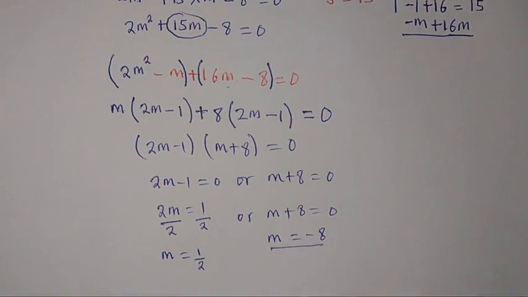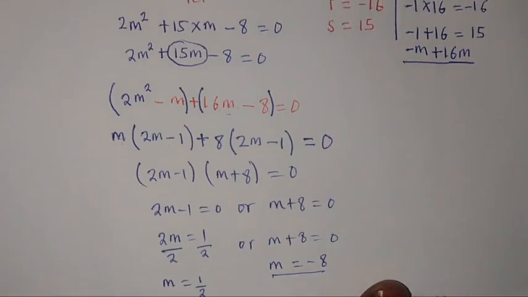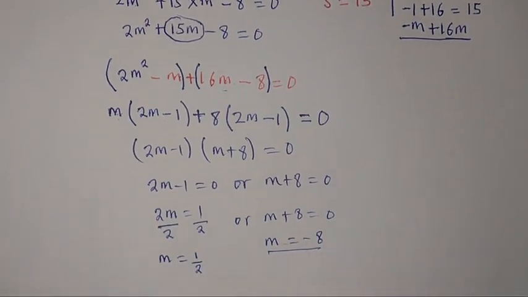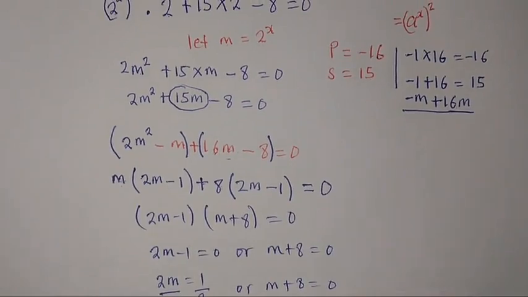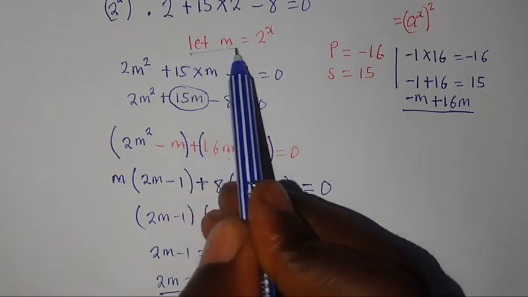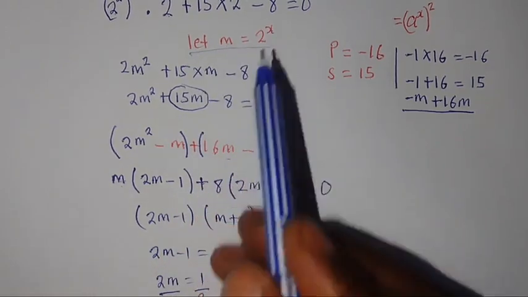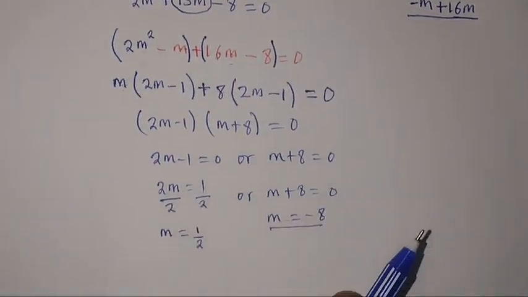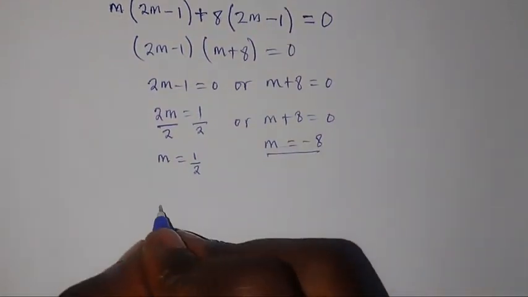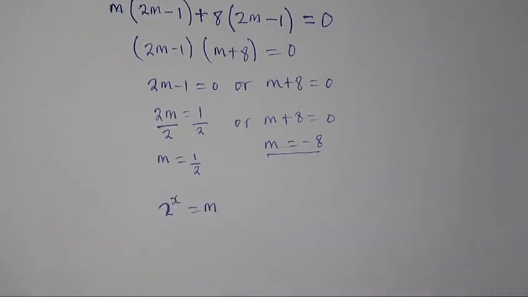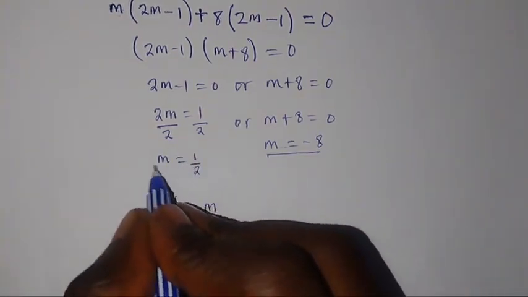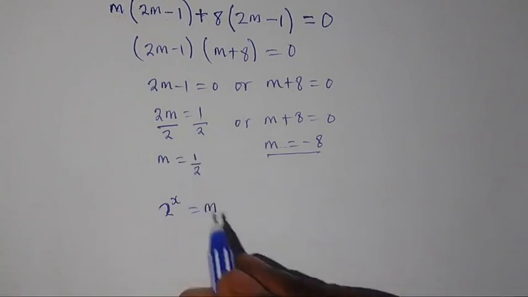Now remember, we are not solving for m, but we are solving for x. So these two values of m are going to help us find the value of x. Here we said we let m equal to 2 to the power x. So I'm going to take that equation, which is 2 to the power x is equal to m. The first one we are going to use is when m is equal to 1 over 2.